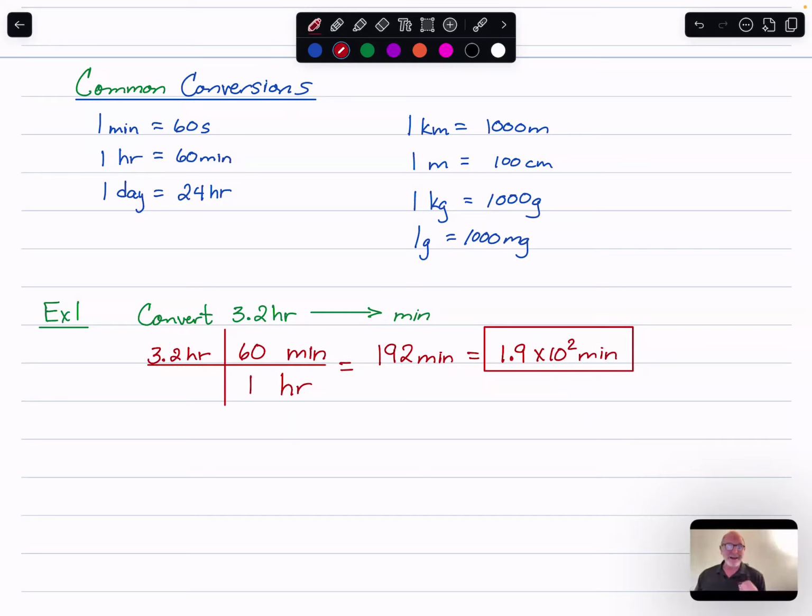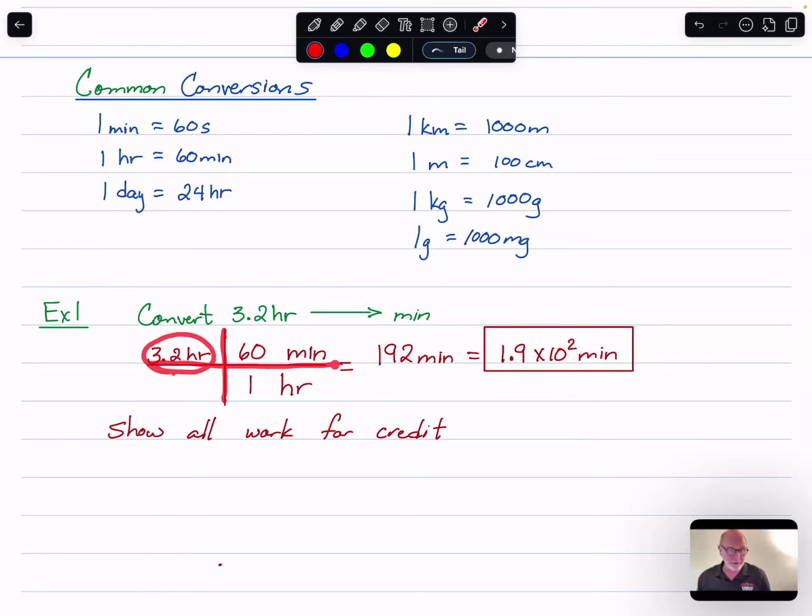Okay. Again, this is not about getting the right answer. It's about using the right procedure. And I'm going to ask that we please show all work for credit. So it doesn't matter what's in your calculator. What I need to see is you are setting up what was given. You're setting up a T-chart, train tracks.